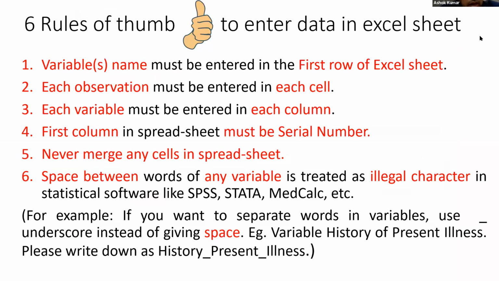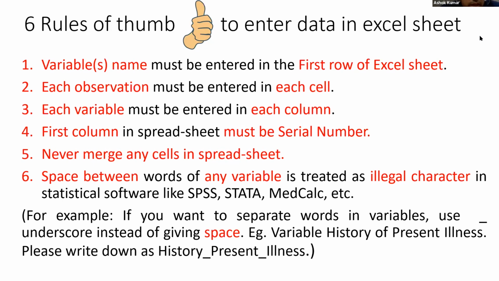For example, patient name, age, gender, height, weight, systolic BP, diastolic BP, you have to enter in the first row. Number 2, each observation must be entered in each cell, as I have already explained, and each variable must be entered in each column.